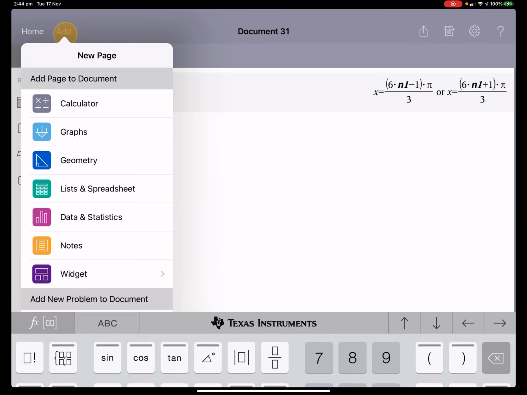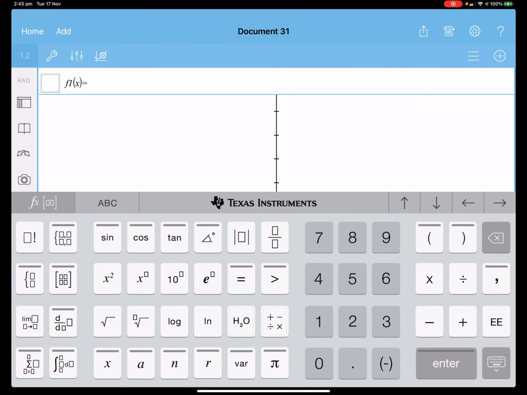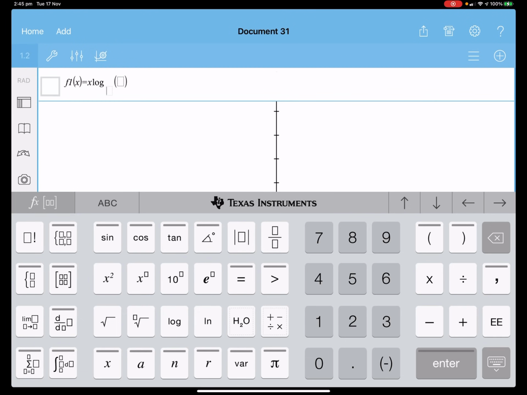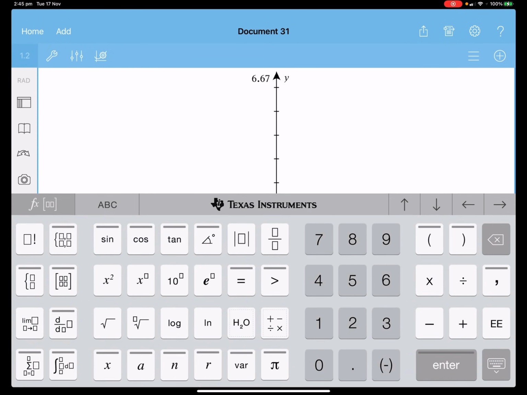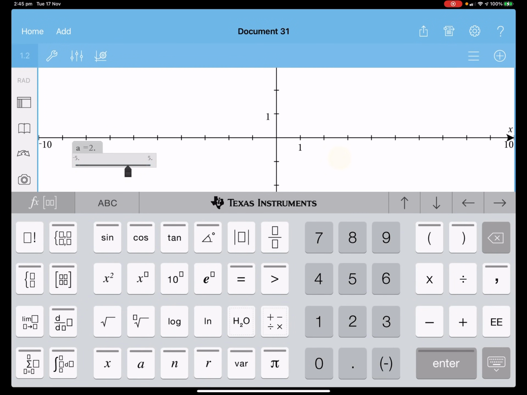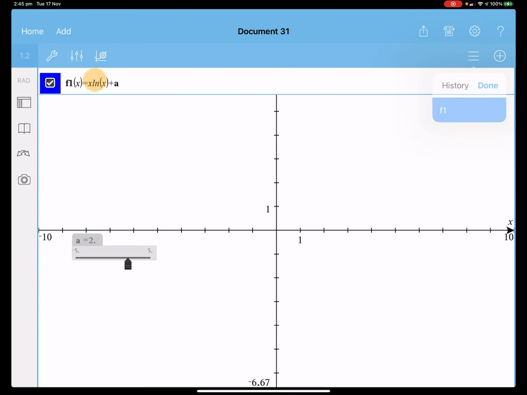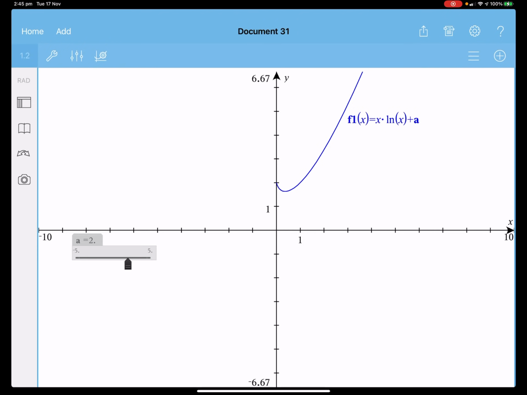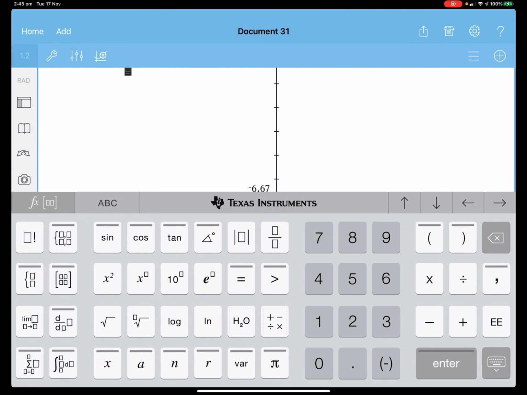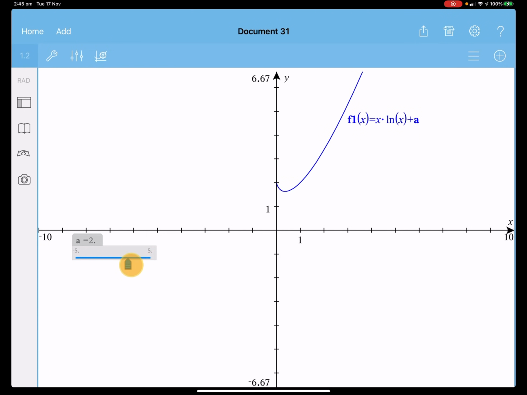And let's have a look. If I go into graphs, x log e x plus k, we'll say a. Yes, I want to insert a slider. I've got to put a times in between. Okay. So you can see as we move the value, this graph moves up and down.